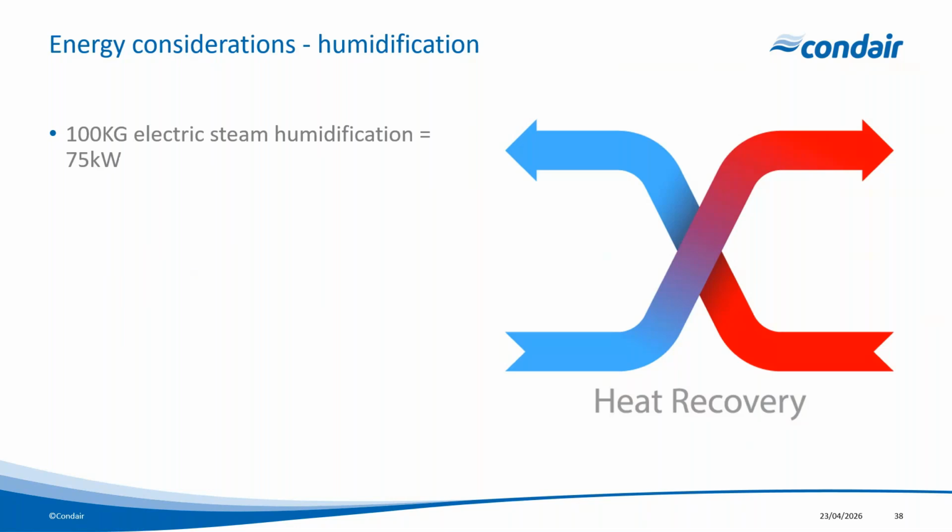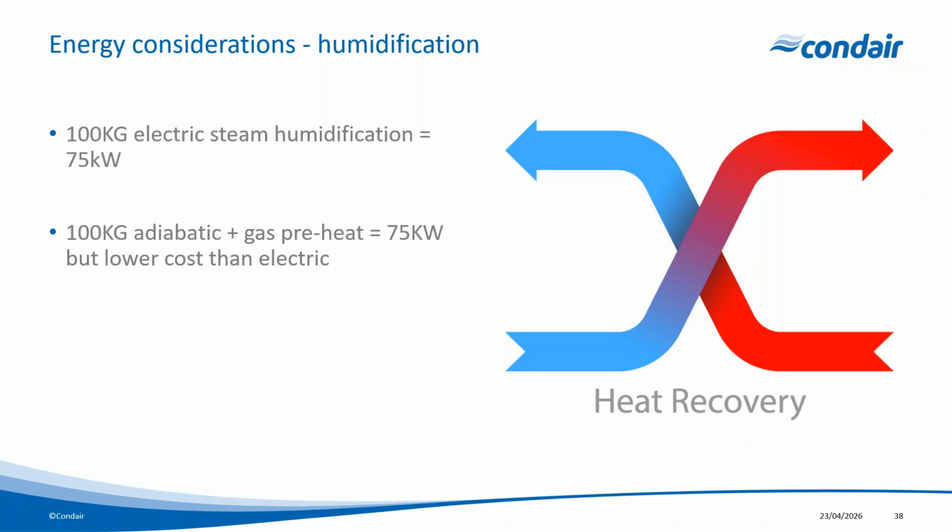And for humidification, when we look at energy considerations, 100 kilograms of steam produced electrically will require 75 kilowatts of electrical energy. 100 kilograms of adiabatic plus gas preheat, that's still going to take 75 kilowatts, but the cost of the gas is lower than electric.